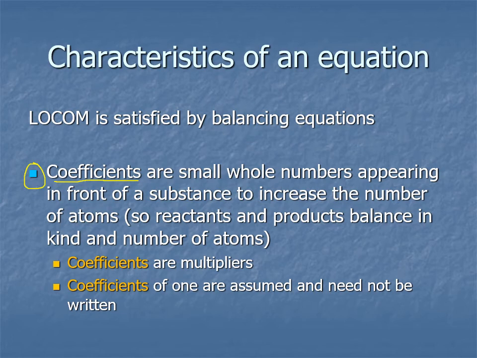Small whole numbers appear in front of a substance and increase it by multiplying. It'll increase the number of atoms in that substance, and this allows the reactants and the products to balance out to be equal in numbers, even though, of course, they have been rearranged. Coefficients, remember, are multipliers, and coefficients of 1 can be assumed and do not need to be written.